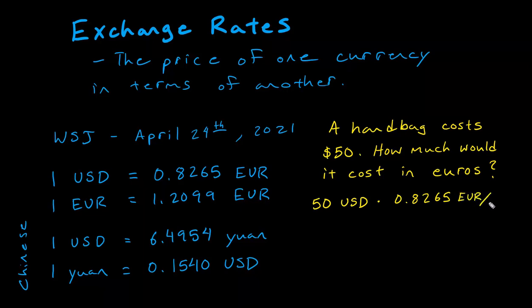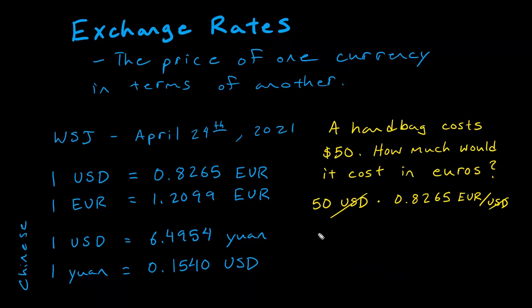Another way we could write that is to take this 1 US dollar and divide both sides by it, so that we get euros per dollar. Then those US dollars cancel out.